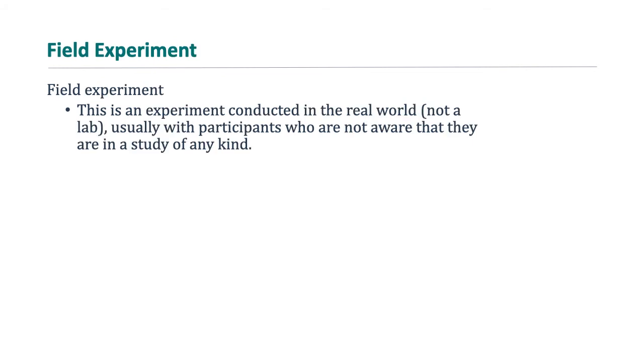A field experiment is what I alluded to earlier, when you actually cause a manipulation in the world. There have been many studies of this kind done. Often they're helping studies that I'll talk about late in the semester, where we see how a person responds to seeing what appears to be an emergency in their everyday world.